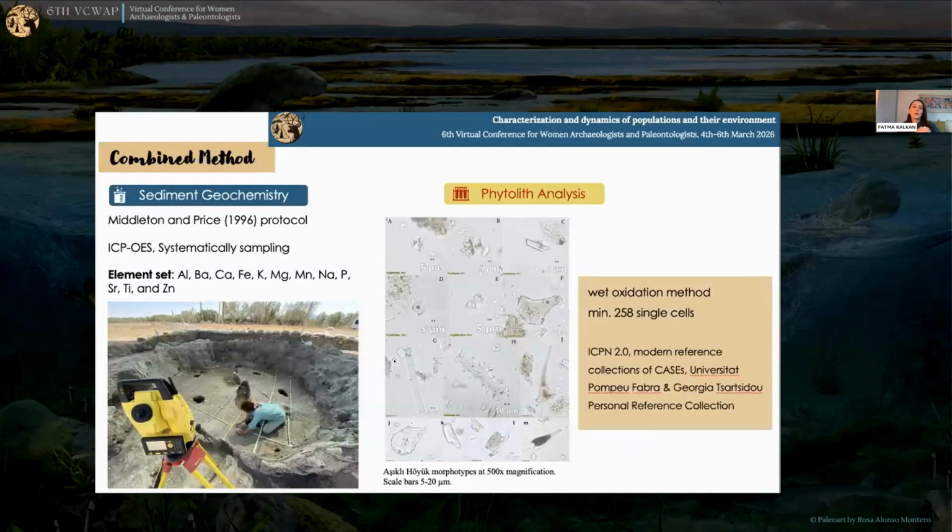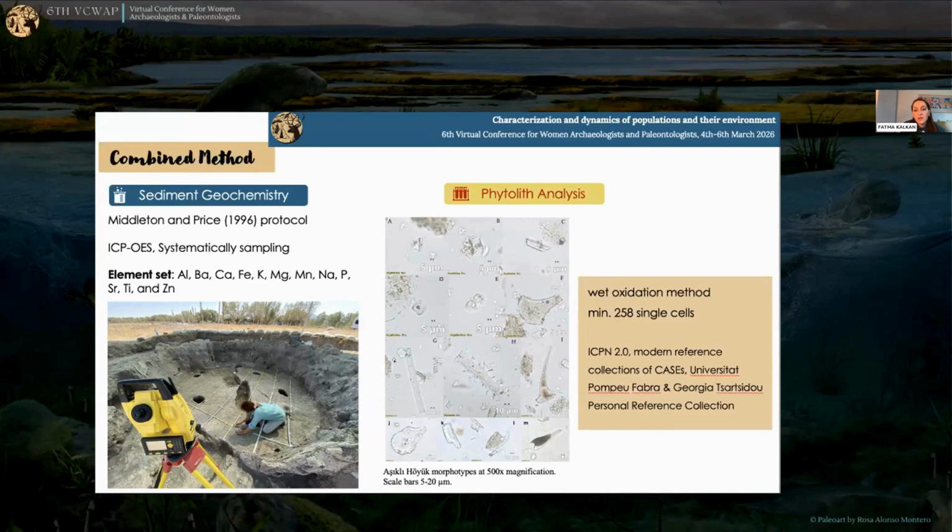To investigate macro-scale activity areas, sediment samples were collected using a grid-based sampling strategy to capture spatial variability across the floor. Elemental concentrations were measured with a highly sensitive instrument and visualized by interpolating elemental mapping in GIS.